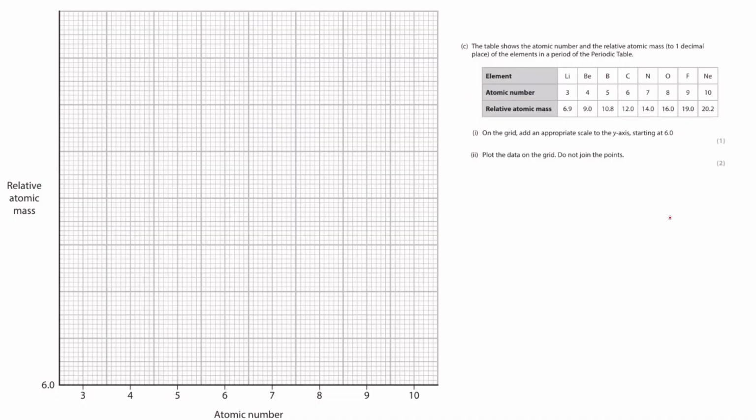So for the x-axis, we have to start from 6 and go up to 20. How many boxes do we have? Let's go one by one. 6, 7, 8, 9, 10, 11, 12, 13, 14, 15, 16, 17, 18, 19, 20. What is the highest number we have here? It is 20. Yeah, that's better.